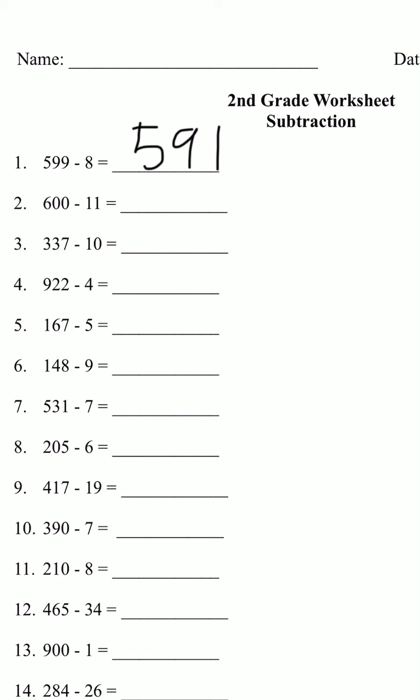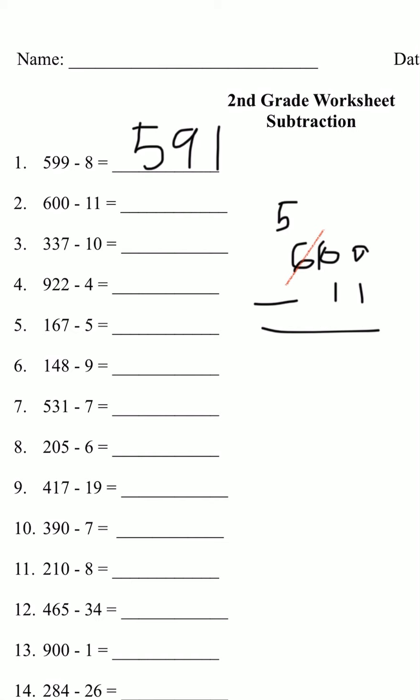Number 2, 600 minus 11. Sorry. So because we have a 0 over here and over here too, we're going to have to borrow 100s from the 6. So our 6 is going to be a 5. And then now we have a 10 over here.